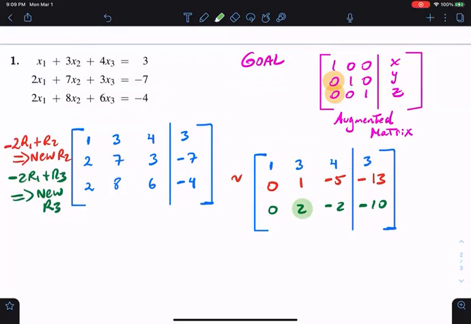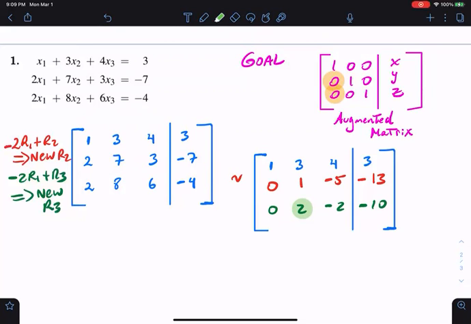I want to get rid of that. And then after that, I will have my third row as 0, 0, and whatever that pivot will be. It doesn't matter if it's 1, 2, 3, whatever. As long as it's not 0, the system is still consistent, right? Because if I have 0, I will have either the case that I have an infinite number of solutions, or the case that I have no solution.